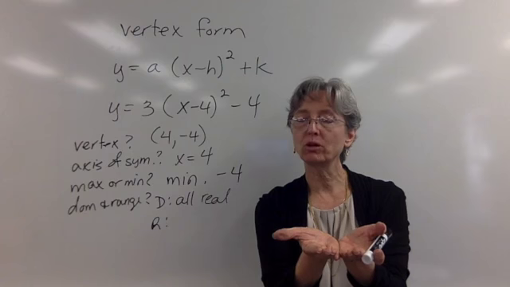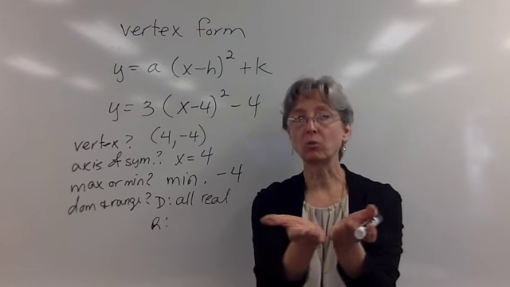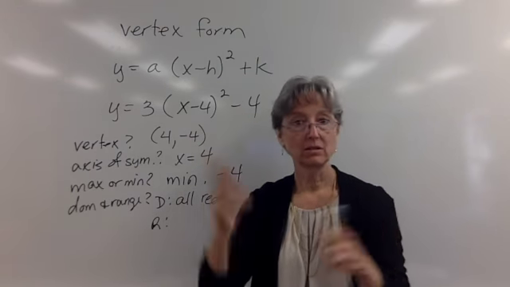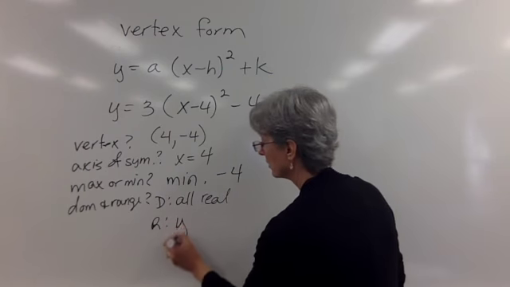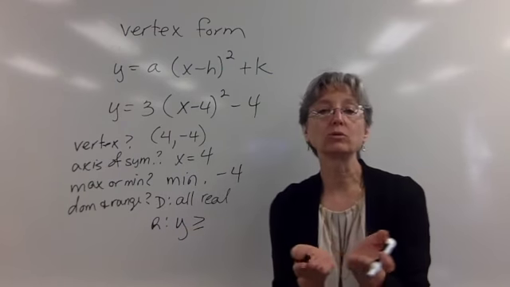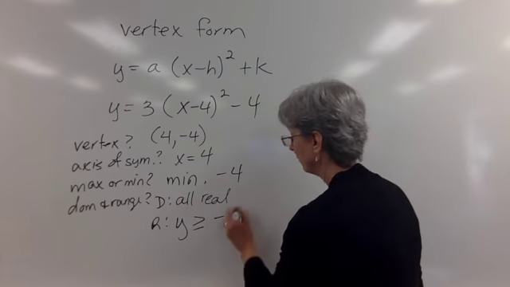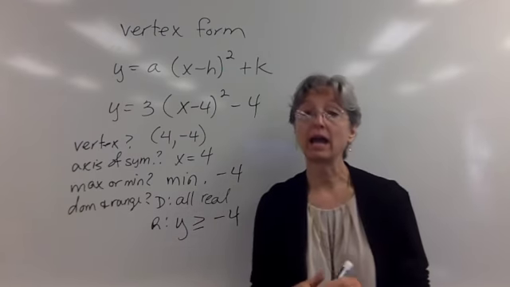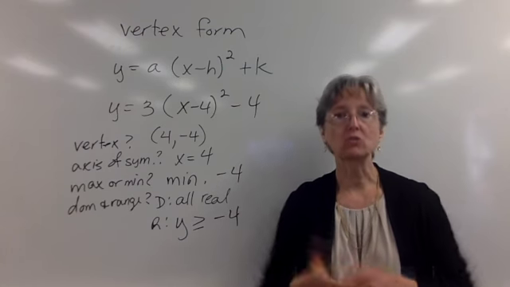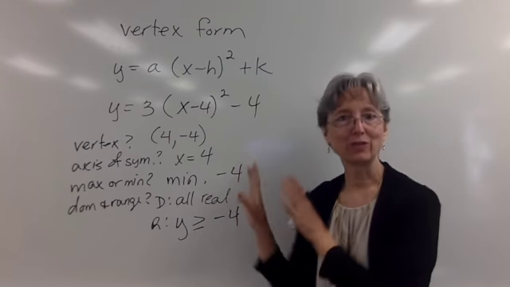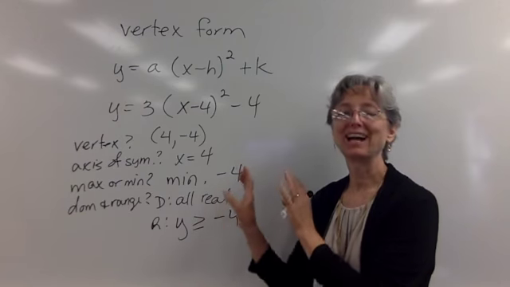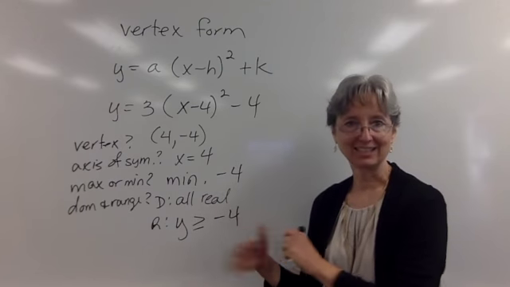Do you see how that works? So the range is that all the y's, all the outputs, are going to be greater than or equal to that minimum value of -4. That limits your outputs. That limits your range. So that's what you want to be able to identify and list.